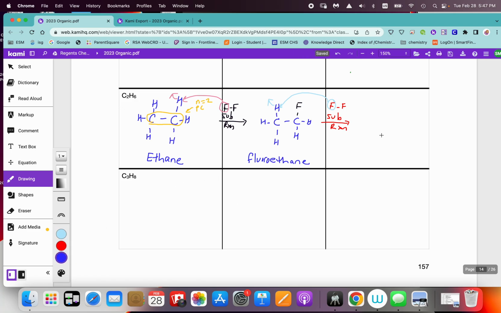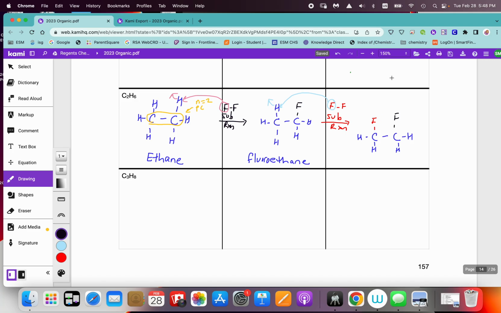So here we go. We have our 2 original carbons. The first carbon has 2 of its hydrogens. The second carbon still has 2 of its hydrogens. The first carbon now has a fluorine attached to it, and the second carbon also has a fluorine attached to it.